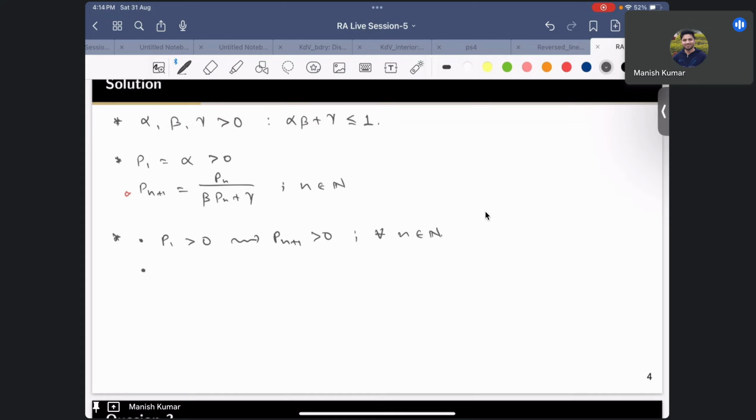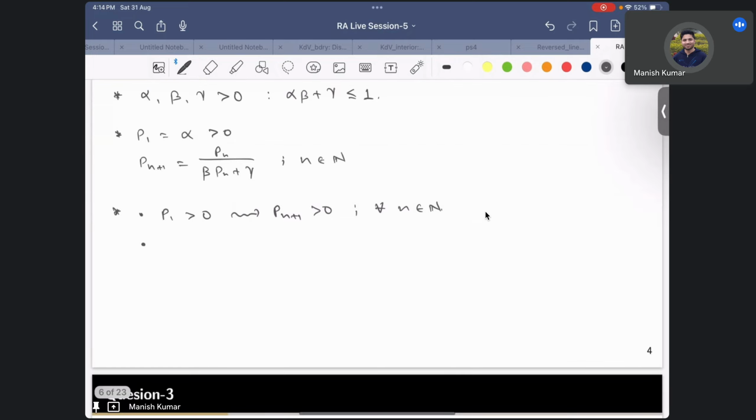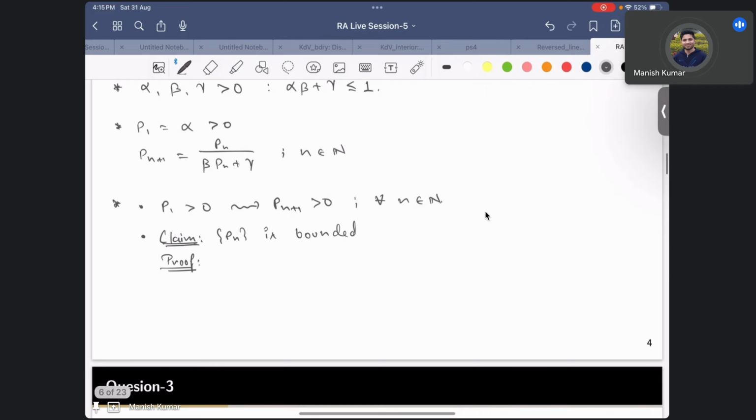Now, as I said, I'll show that the sequence Pn is bounded and monotonically increasing. Let's first prove that Pn is bounded. Let me write it as a claim: the claim is that Pn is bounded. The proof is not much difficult.